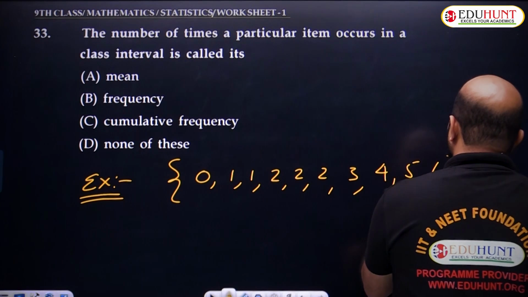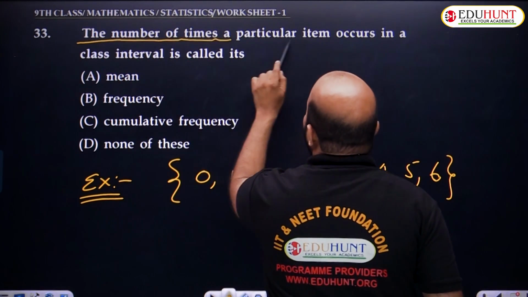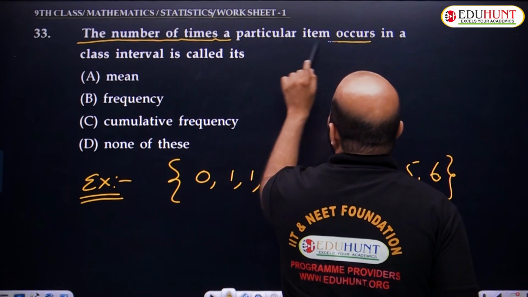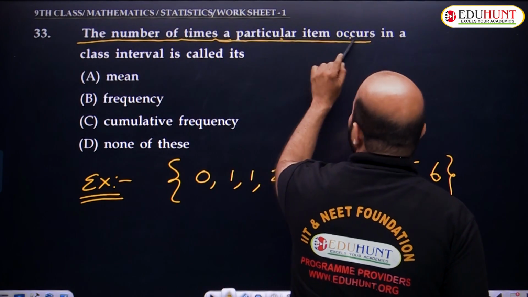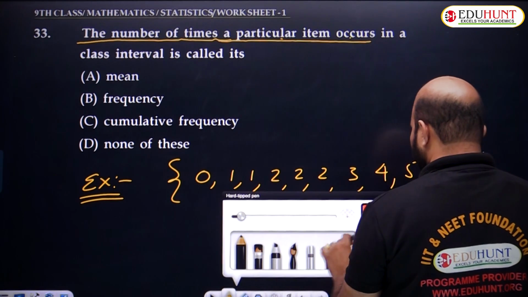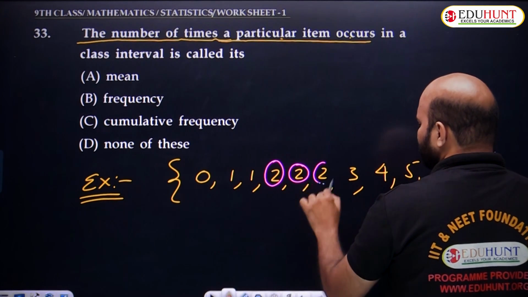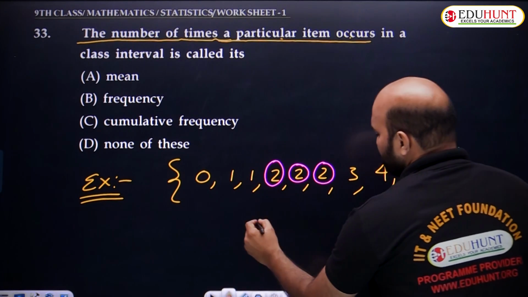Clearly we need to understand that the question is about the number of times a particular item occurs. Here, how many times does 2 repeat? 3 times. Am I clear? So 2 comes 3 times.